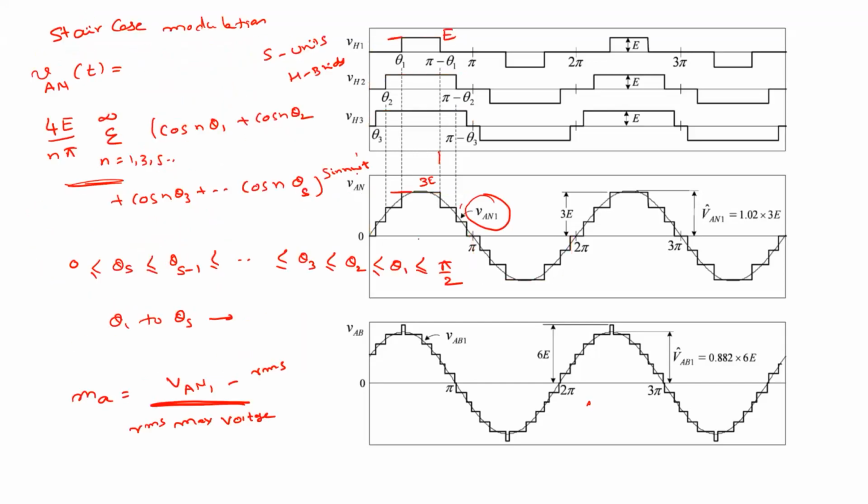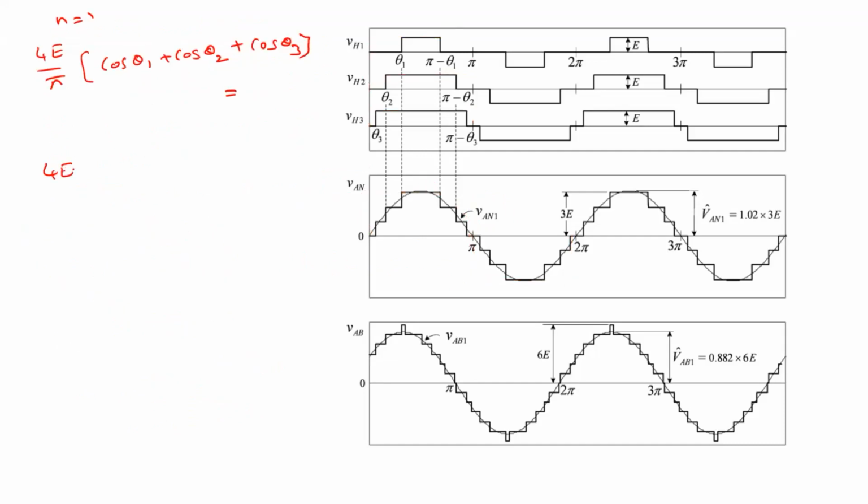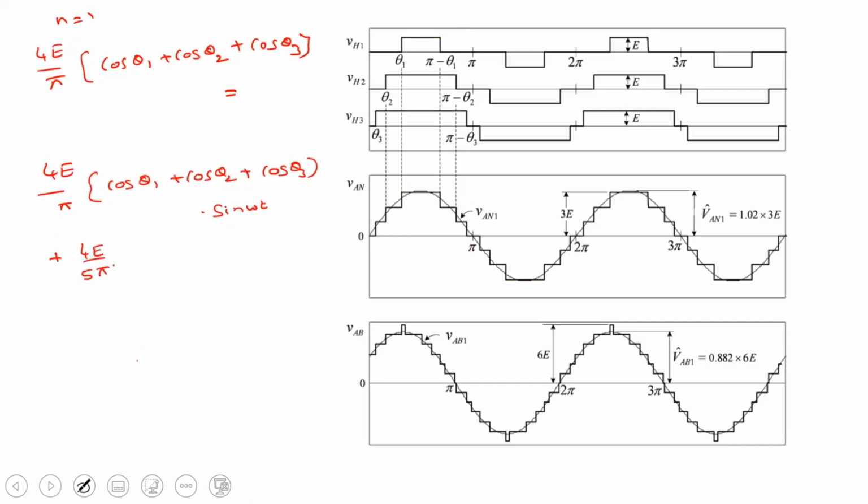So this is the coefficient of the first term, right? If we expand this, we have the original equation: 4E by n pi, cos theta 1 plus cos theta 2 plus cos theta 3, into sin omega t. Similarly, the second term, if you substitute 5: 4E by 5 pi, cos 5 theta 1 plus cos 5 theta 2 plus cos 5 theta 3, into sin 5 omega t.